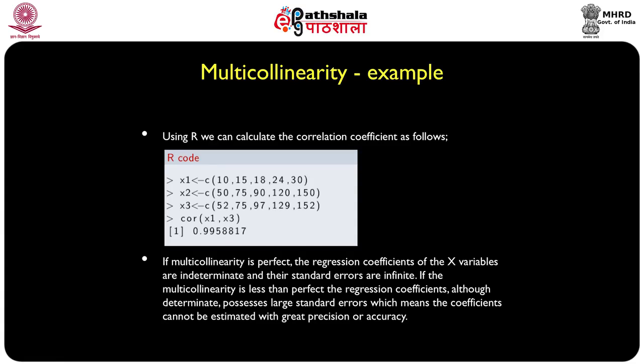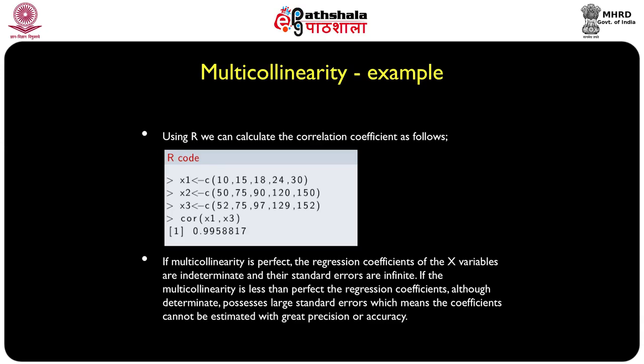0.9958. Now using R, we can calculate the correlation coefficient. We have discussed this earlier, but I will do a quick recap of how to obtain the correlation coefficient between two variables. First, we enter the values of the three variables, x1, x2 and x3.